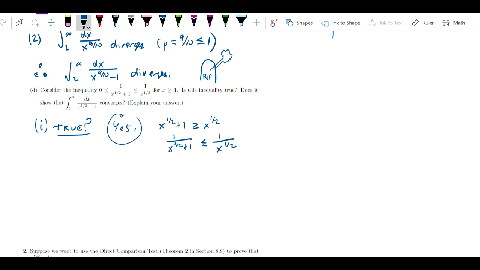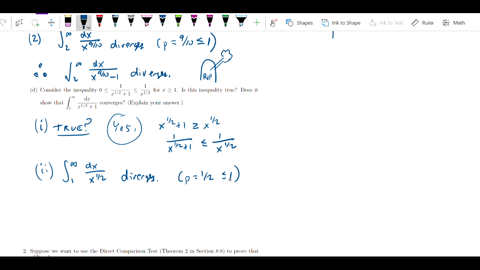The inequality is true, but that's not the end of the story. Just showing that one function is less than some other function doesn't show that the integral of that function converges. So here's the thing. For part 2, does it show convergence? The integral from 1 to infinity of dx over x to the 1/2 diverges, right? Because this is a p integral with p equal to 1/2.